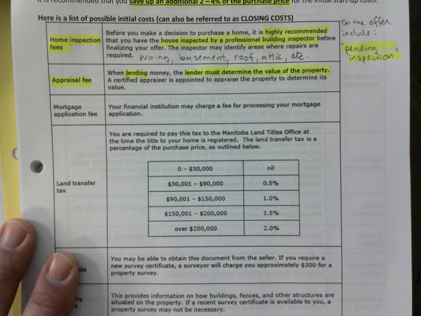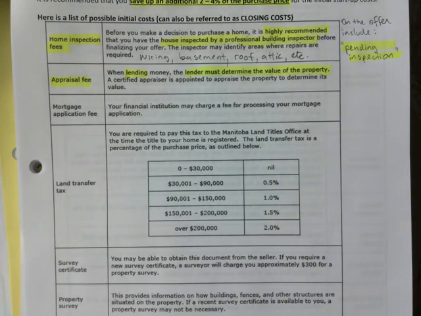We need to send somebody down there to make sure the house is worth what it is. And they did that to my house. They came in and checked. It's basically a former real estate agent that now works for the bank. They check everything. The walls, is everything in working order? How much would it actually be worth?